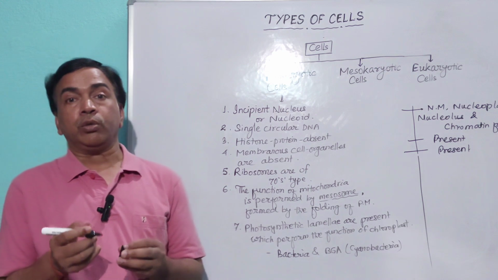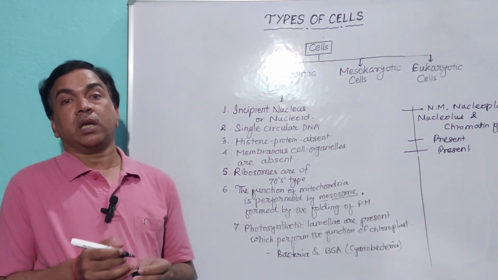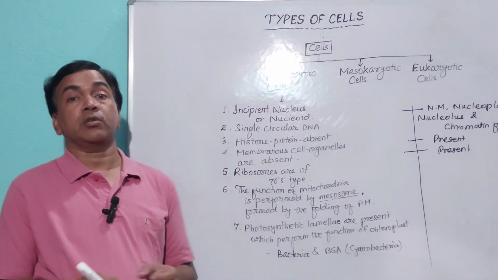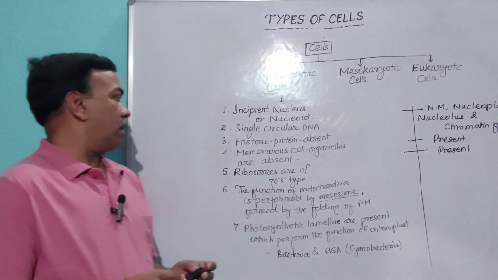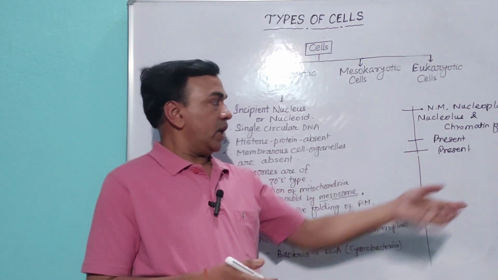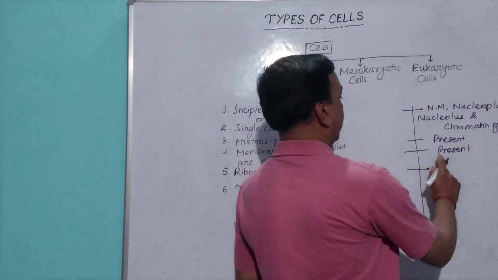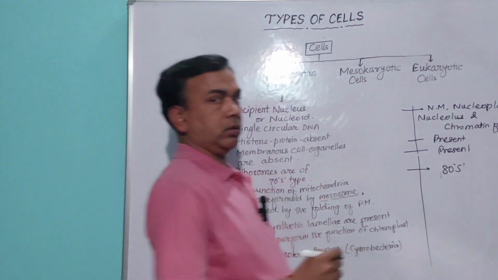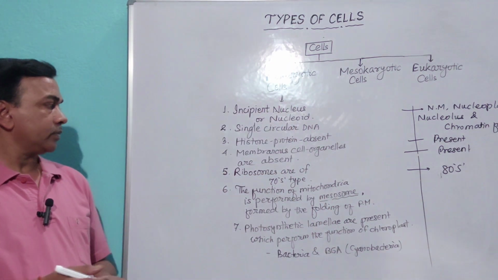That is, eukaryotic cells contain all the membranous cell organelles like mitochondria, endoplasmic reticulum, lysosome, Golgi body, etc. In prokaryotic cell the ribosomes were 70S type. In eukaryotic cell, ribosomes are of 80S type.